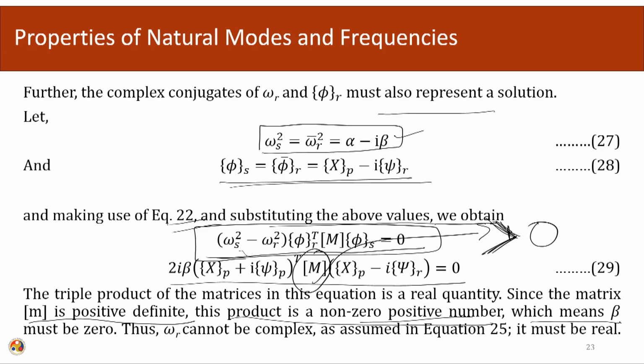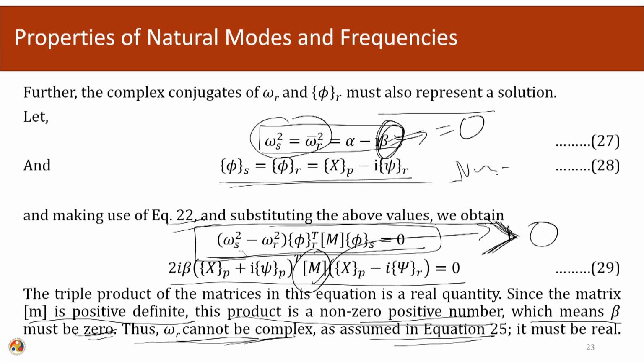What it means is that beta must be 0 in order to satisfy this expression. So, omega r, the frequency, cannot be complex as assumed in equation 25. If beta equals 0, then omega s and omega r are non-complex numbers. They are real numbers, so it must be real.